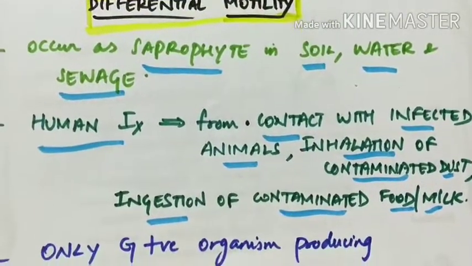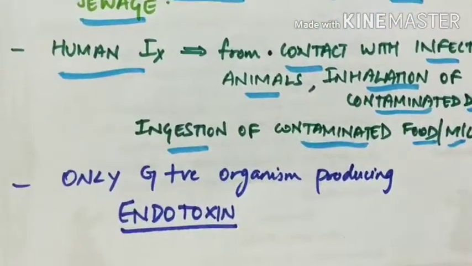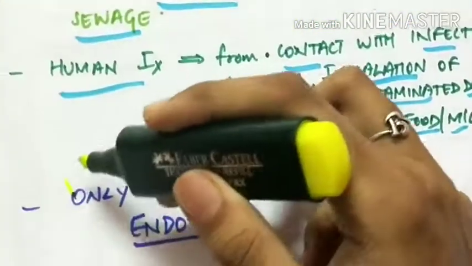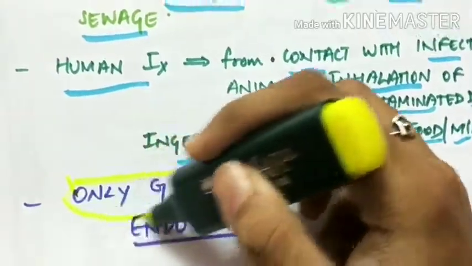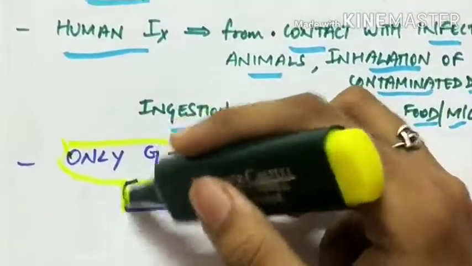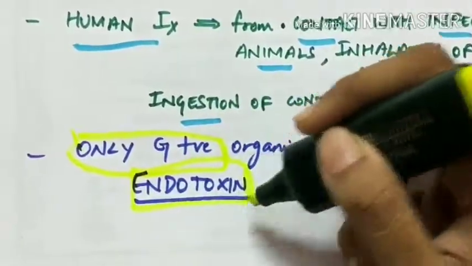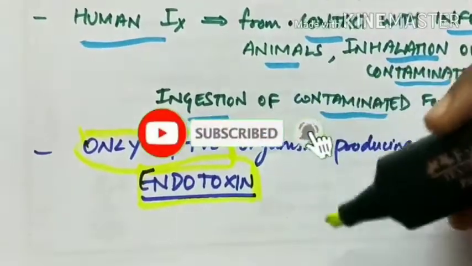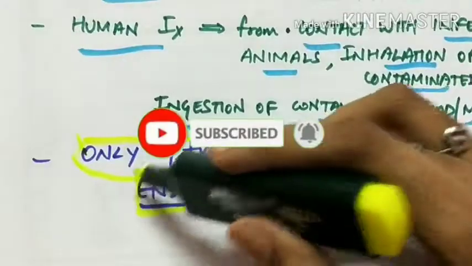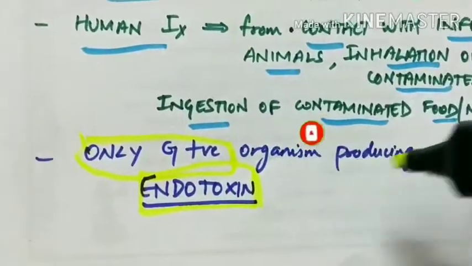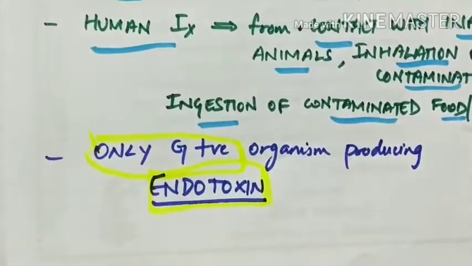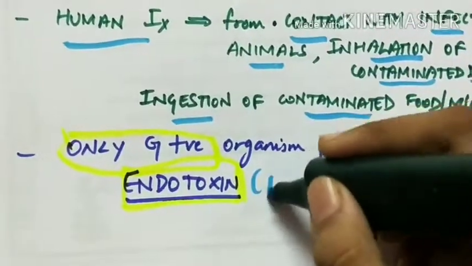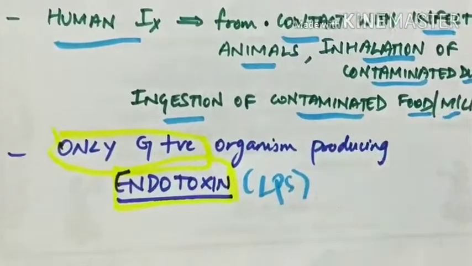Most important thing about Listeria monocytogenes is that it is the only gram-positive organism producing endotoxin. Generally, only gram-negative organisms produce endotoxin, but Listeria monocytogenes produces endotoxin, that is lipopolysaccharide, LPS.